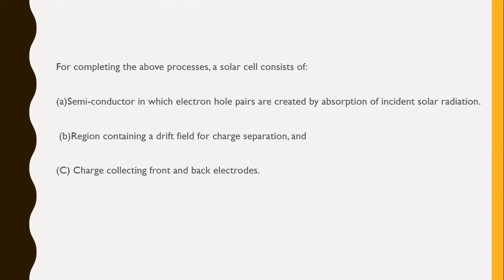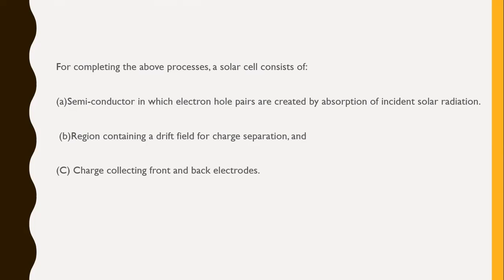This region must be there, because the drift field will separate the charge. So a semiconductor should have a region which contains a drift field for charge separation.